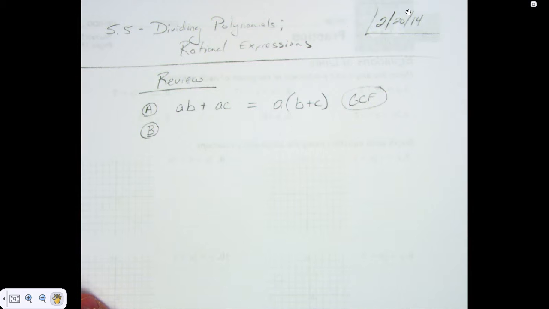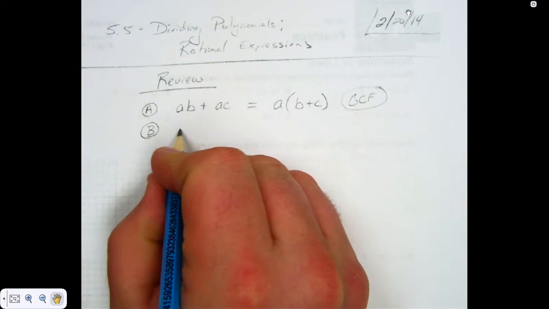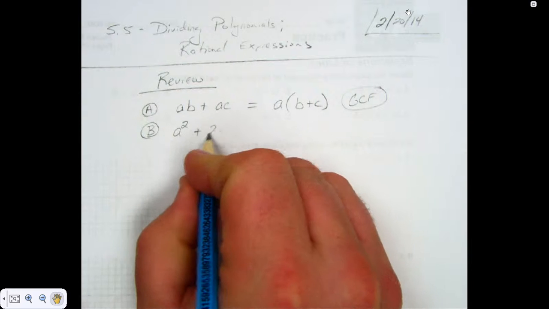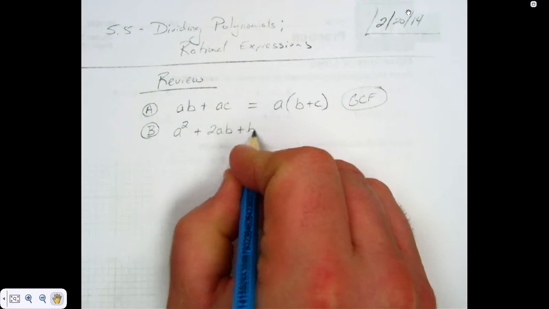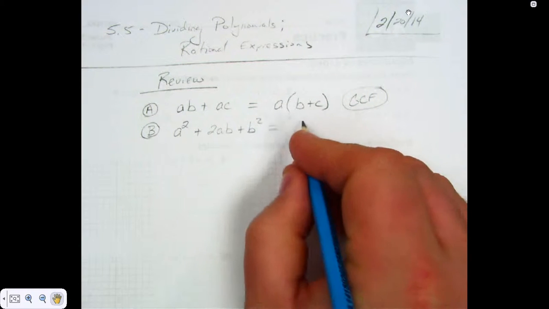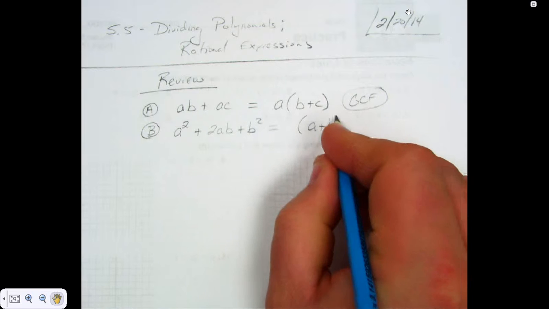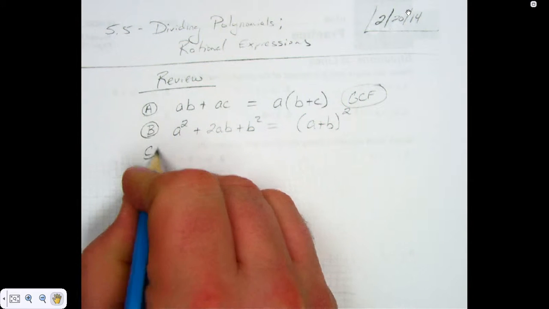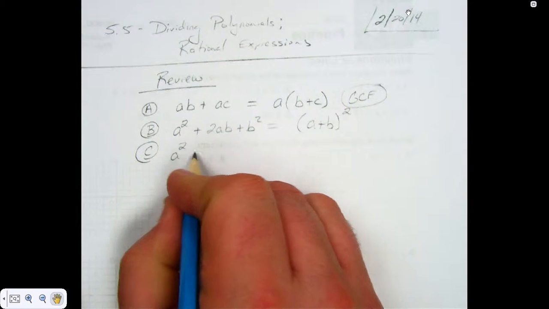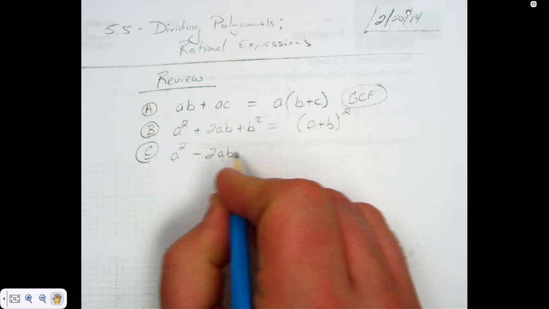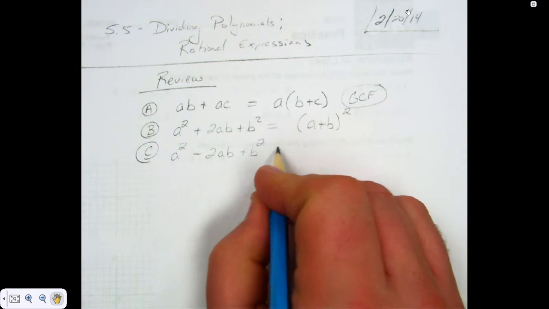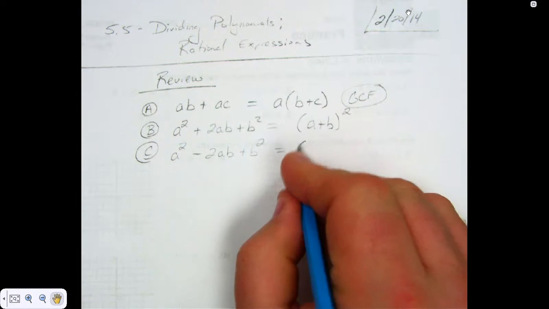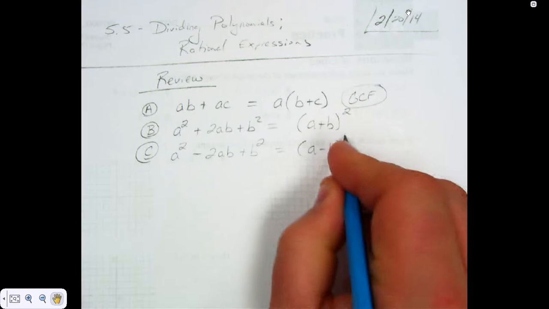Also in this chapter, when something was in this form, a squared plus 2ab plus b squared, we have factored that to a plus b quantity squared. When something was in this form, a squared minus 2ab plus b squared, we factored that into a minus b quantity what?